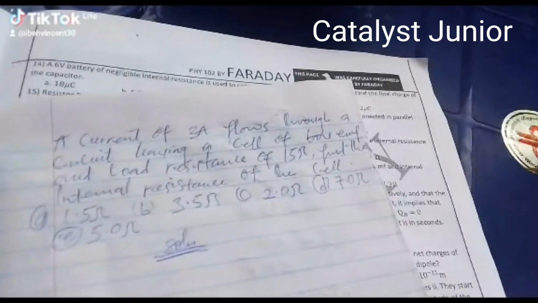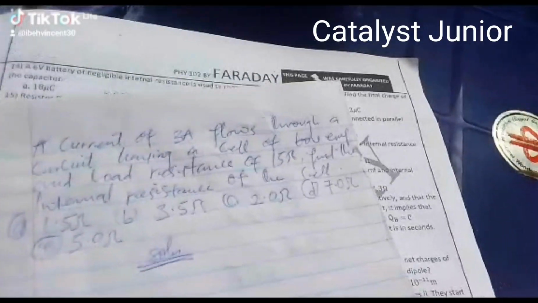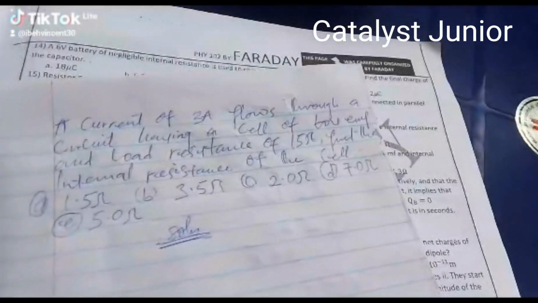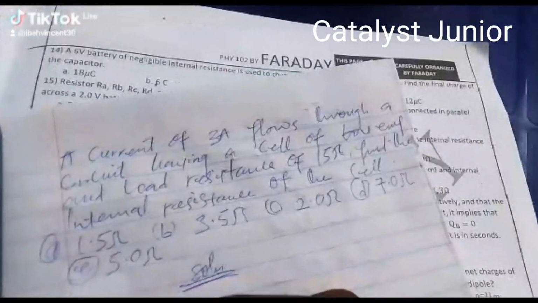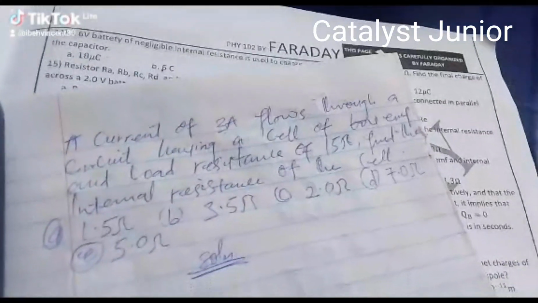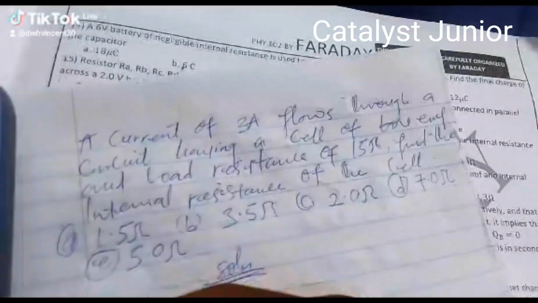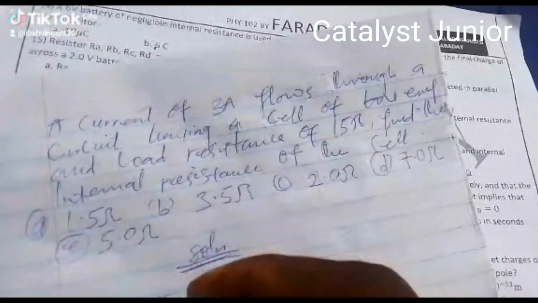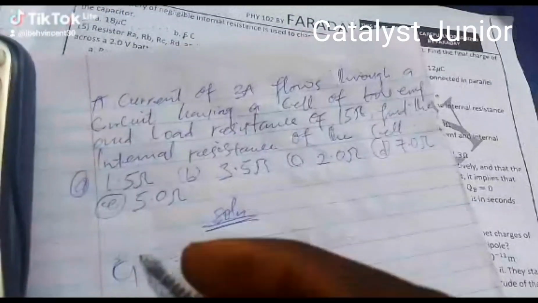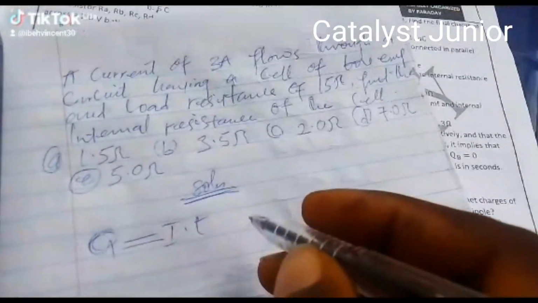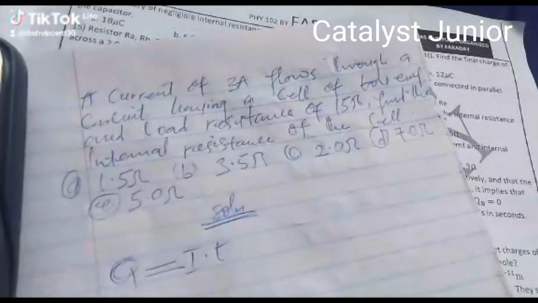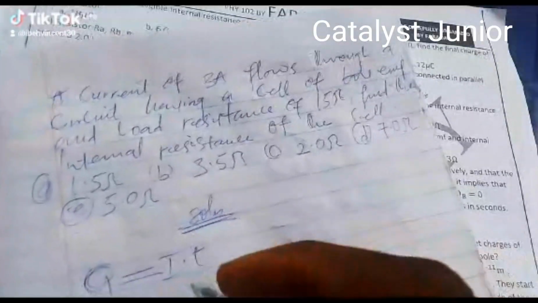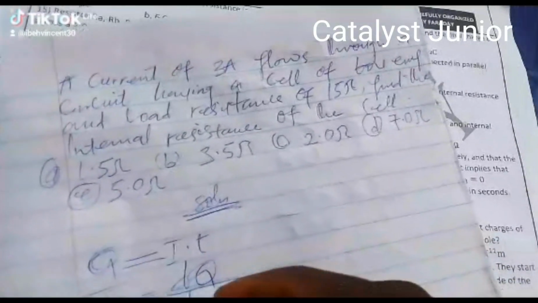To solve this particular question is very simple. So now we are going to derive the formulas on how to solve it. From electrical current, we have that the quantity of charge is equal to current times time, that is Q equals I times t. From this equation you can derive that current I is equal to dQ over dt.